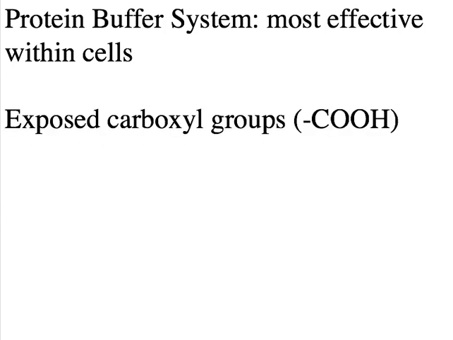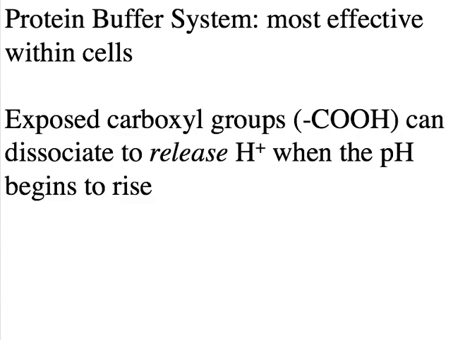So the exposed carboxyl groups, which we denote COOH, of course there's a double bond in there, C double bond O, single bond OH. These can dissociate to release a hydrogen ion when the pH begins to rise. When you have an alkaline substance and you need to release hydrogen ions in order to buffer in a more acid direction, then you can release hydrogen ions from those carboxyl groups.